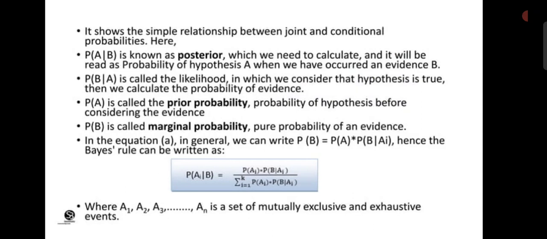In the equation, in general, we can write P(B) = Σ P(Ai) P(B|Ai).